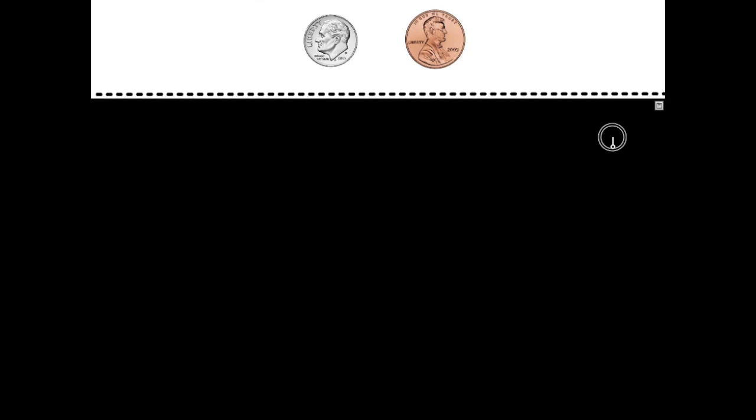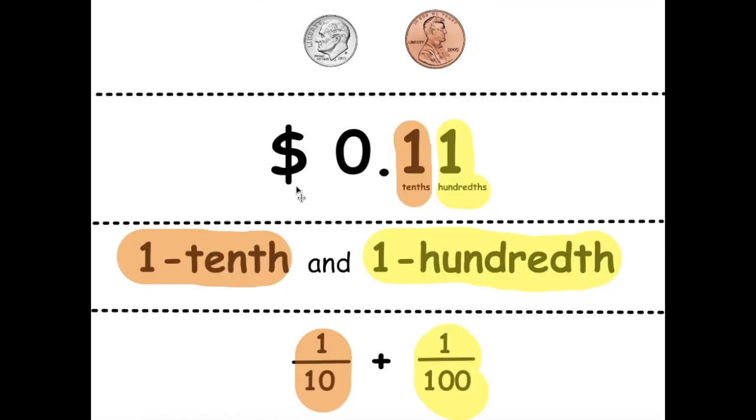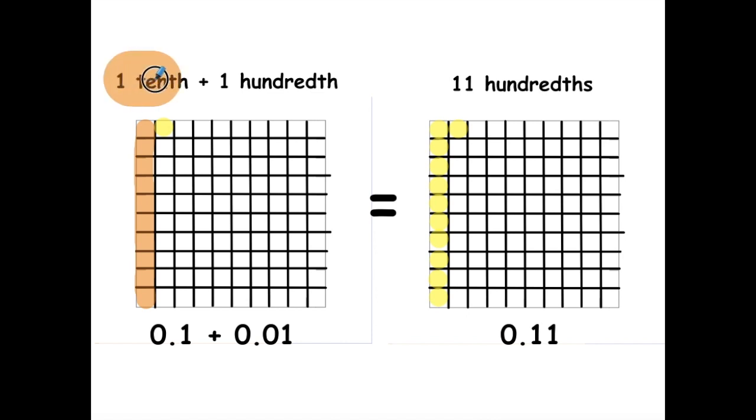Now if we add 1 penny to that dime, we have 11 cents, of course. In money or decimal form, we would have 0 ones, meaning 0 whole dollars, 1/10 for our dime, 1/100th for our penny, and it would be the same as 1/10 plus 1/100th, as we can see here. 1/10 plus 1/100th is the same as 11/100ths.